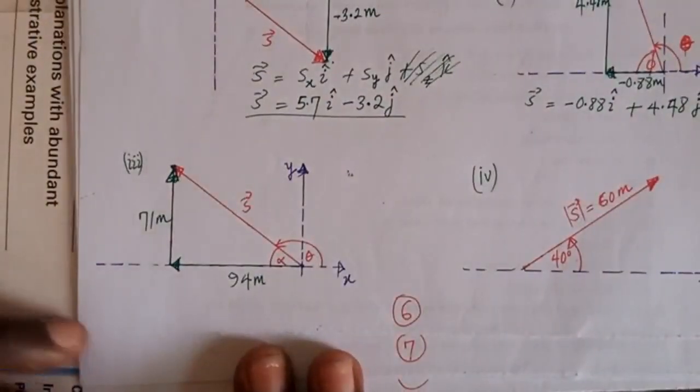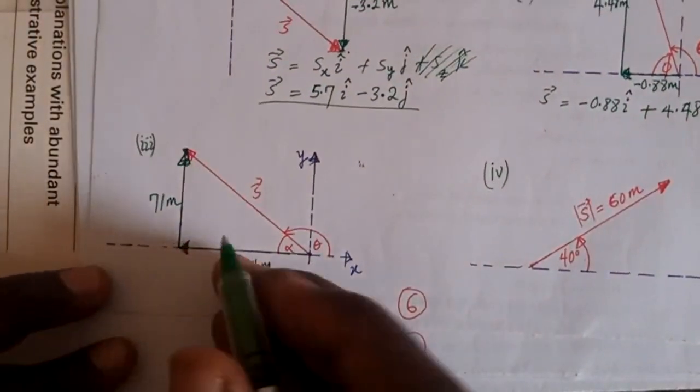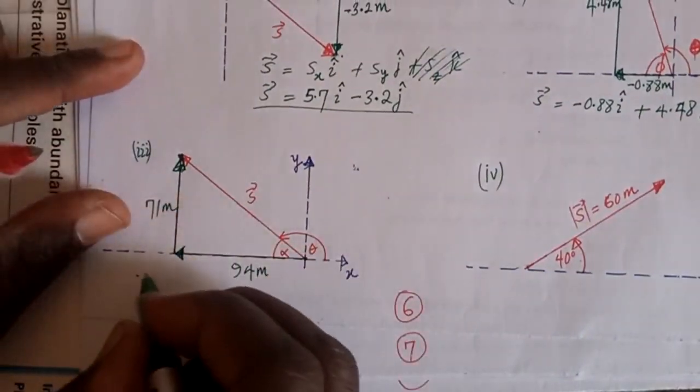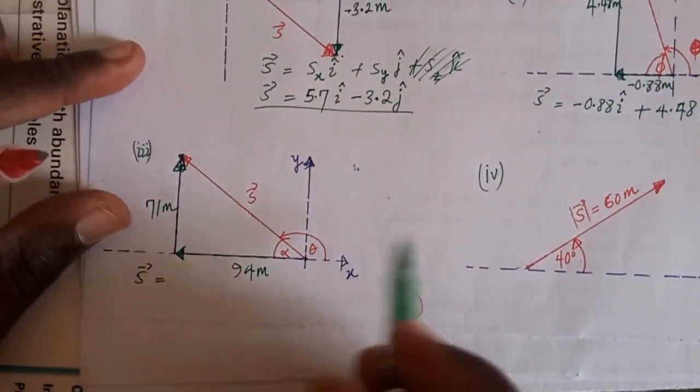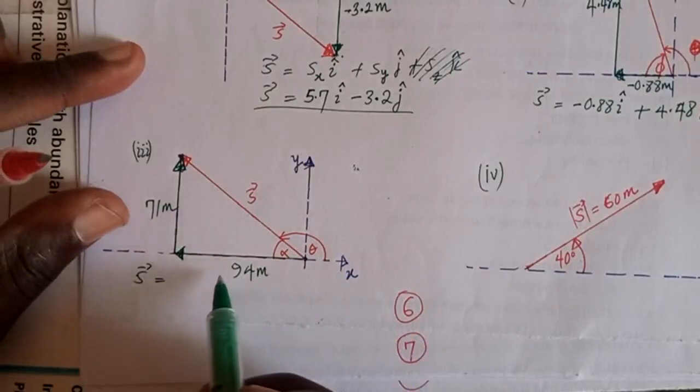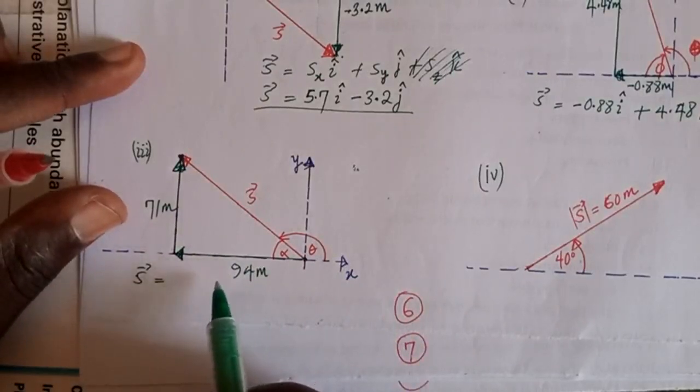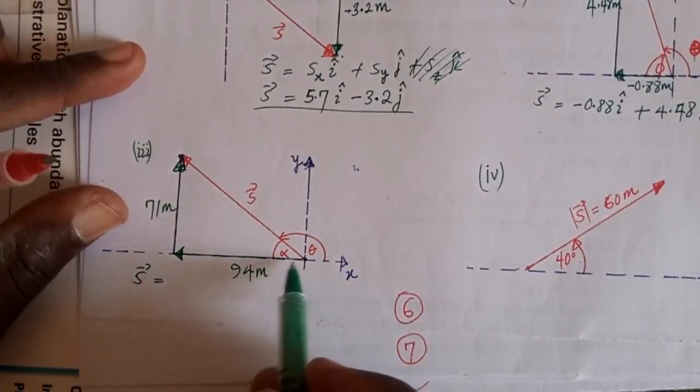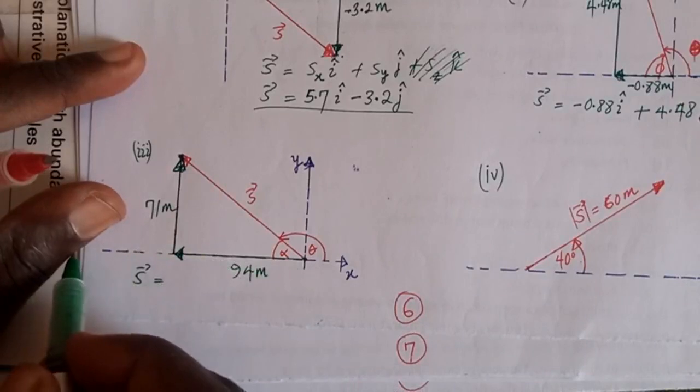That is it. Now for this very one, I will say my s vector equals, along the x-axis, even though the negative sign is not given here, I must write the negative sign in my answer because my vector is directed along the negative x-axis.